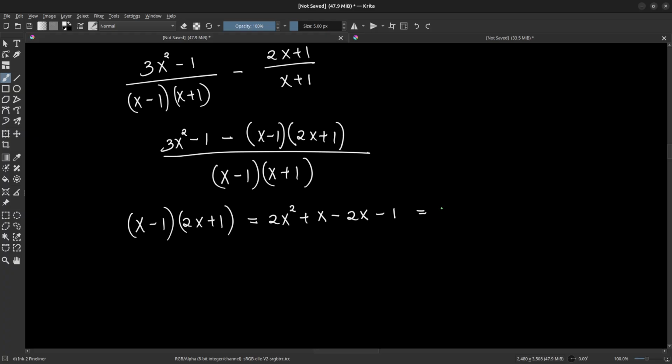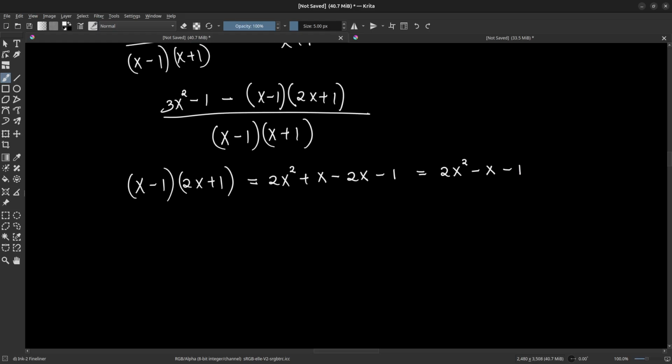This is the same as 2x squared, then x minus 2x is minus x, and then the minus 1. So now our numerator becomes 3x squared minus 1 minus this expression in brackets, 2x squared minus x minus 1.